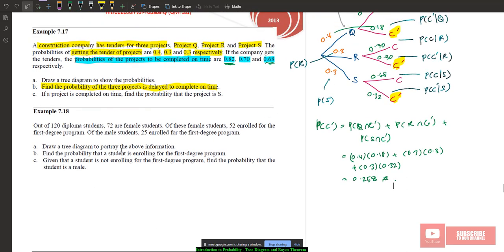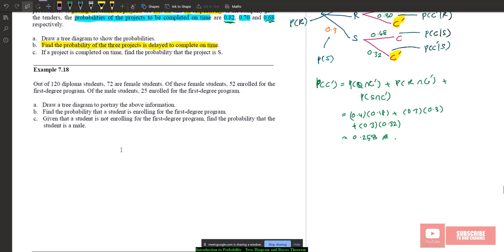Hope you understand. Right, let's look at example number 7.18 to enhance our understanding on this topic. We have not entered Bayes theorem yet. This is towards Bayes theorem. Right, now let's look at example number 7.18. So out of 120 diploma students, 72 are female students, and of these female students, 52 enroll for the first degree program.